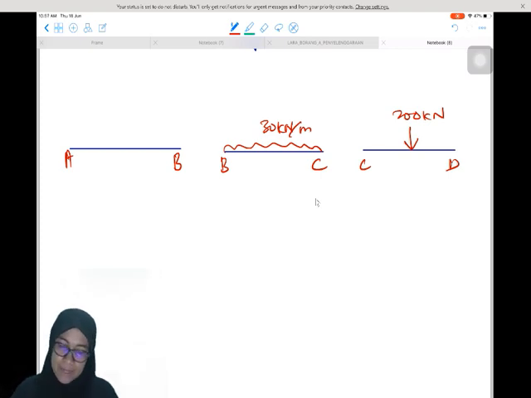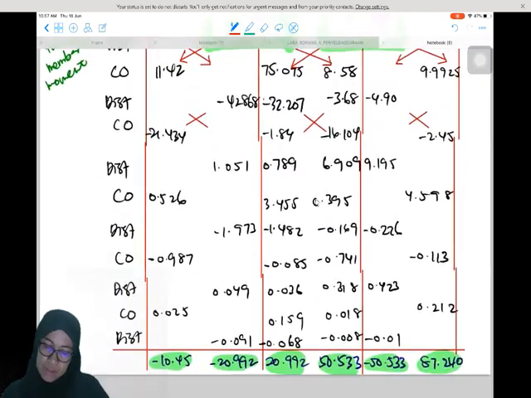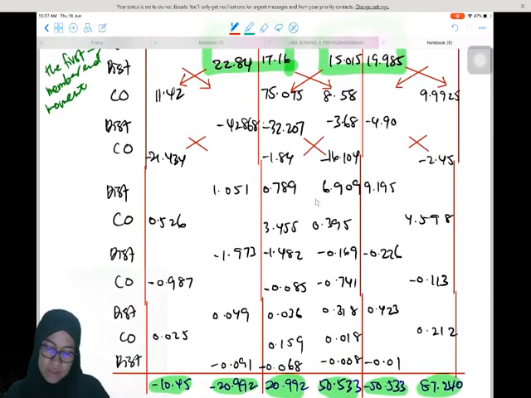So now we look at this value. Look at the sign first. If the sign is negative, we draw the negative moment direction. Negative means counterclockwise, because our sign convention for this beam is clockwise positive.